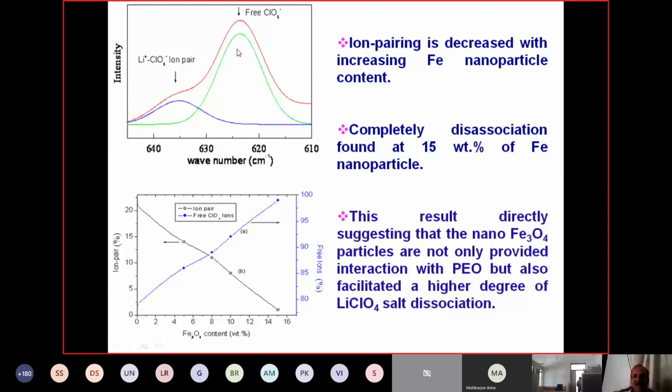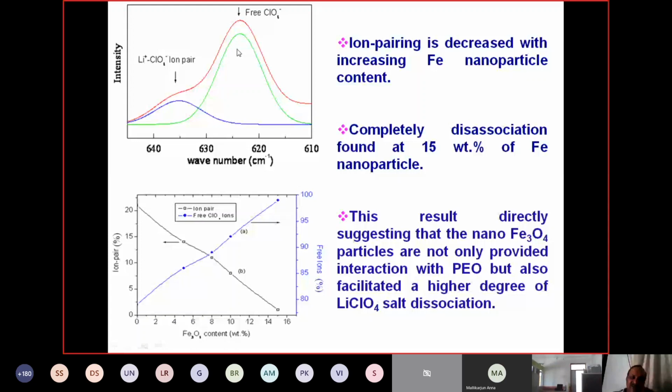Because if you take lithium, if lithium transport is higher, then only our battery efficiency will be more. We need more and more cations to move within that separator, within that solid electrolyte material. So when you add nanoparticle oxide material to this, more free ions are available as we increase the salt content.